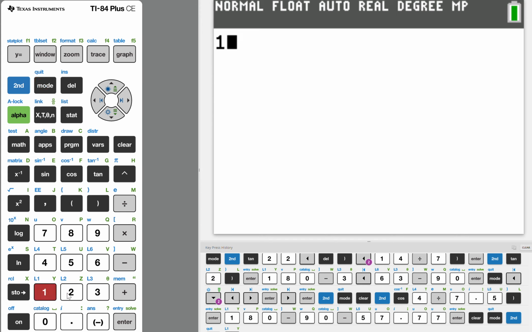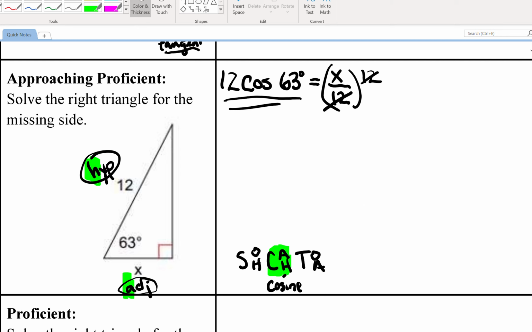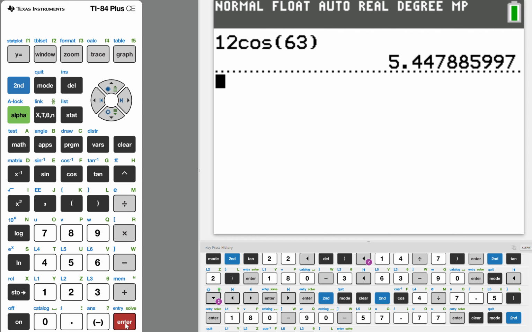And we had 12 times the cosine of the angle 63. Let me double check to make sure that's what I actually had. 12 cosine 63, sure enough. And then I hit enter, and it says that is equal to 5.447.